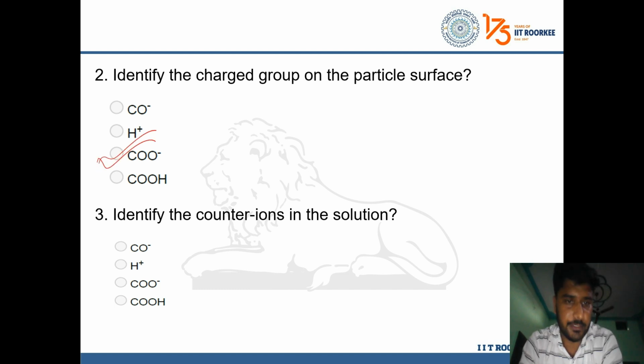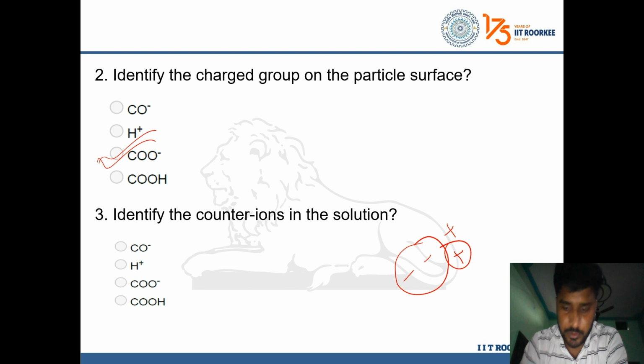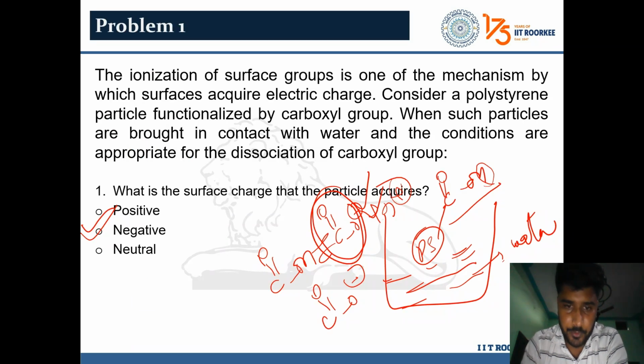And the third is to identify the counter ions. Counter ions are basically those which have an opposite charge to the charge of the colloidal particles. Like, say, if you have negatively charged particles, their counter ion will be positively charged.